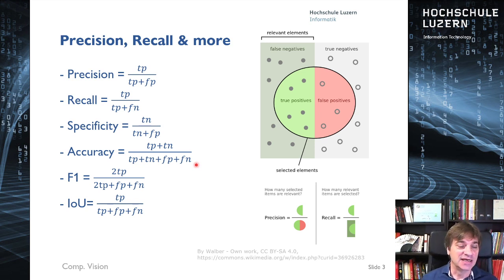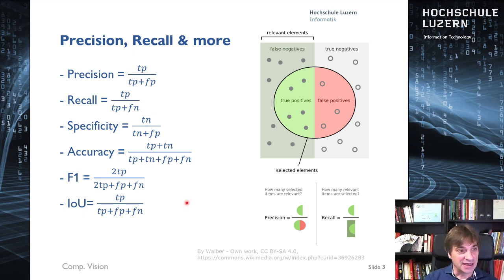However, what is often the case is that you have more from one class than from another, and then accuracy might not be the best metric to use. Other metrics are precision or recall, which, for example, do not include some of the negative values here.